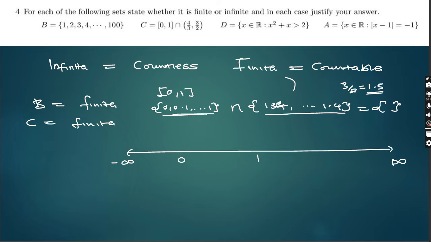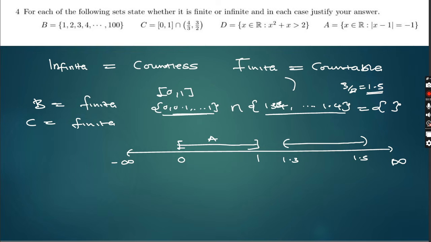We can call this set A. What about 4 over 3? I said 4 over 3 is about 1.3, so 1.3 can be somewhere here. We draw this set all the way to 1.5. 3 over 2 is 1.5, and both are not included.